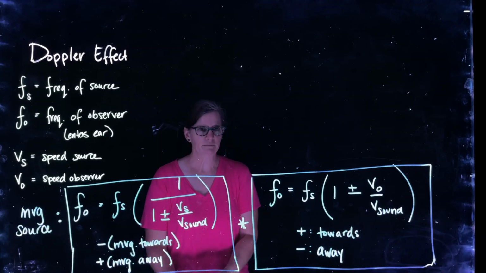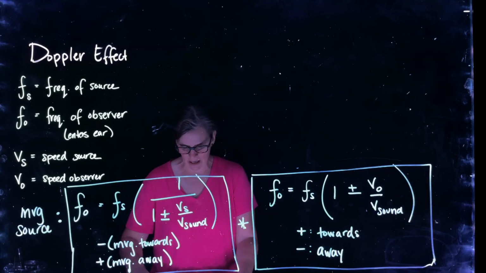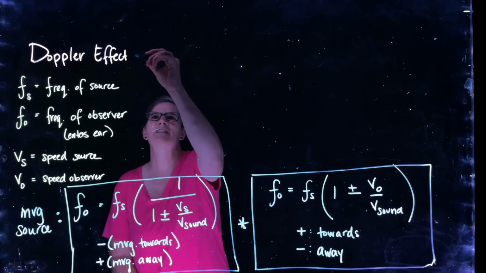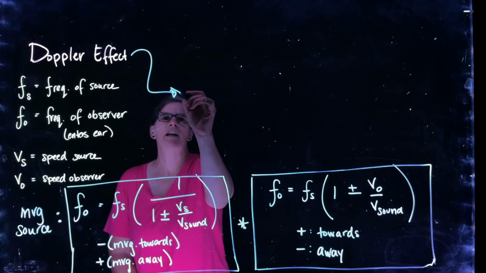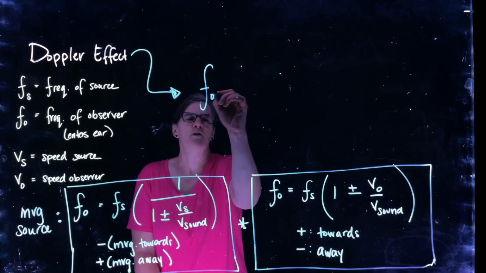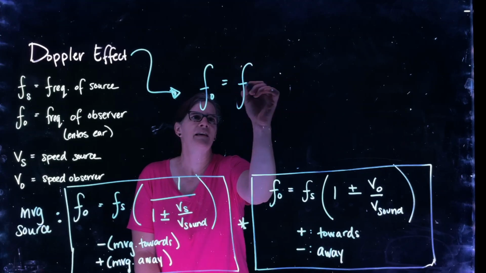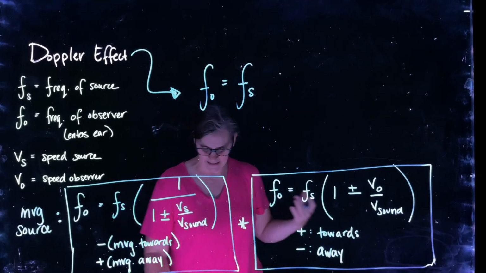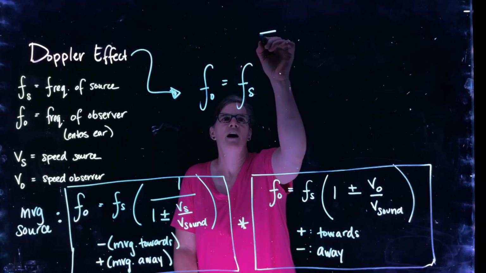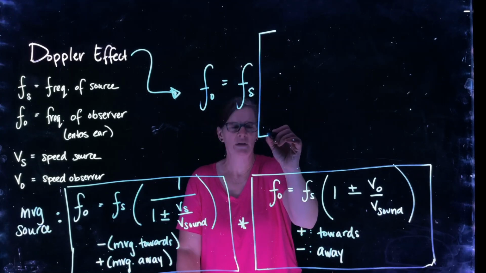the overall equation. So just to make sure I don't mess things up, the general Doppler equation is given by the frequency of the observer is some relative amount of the frequency of the source.